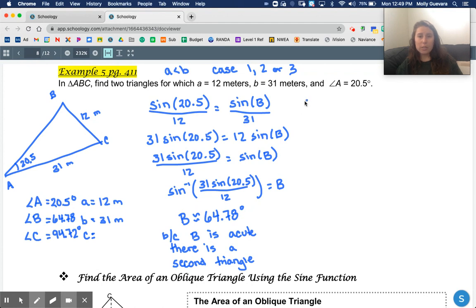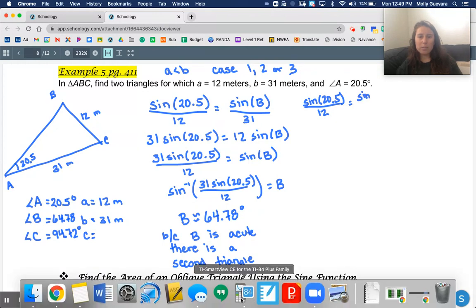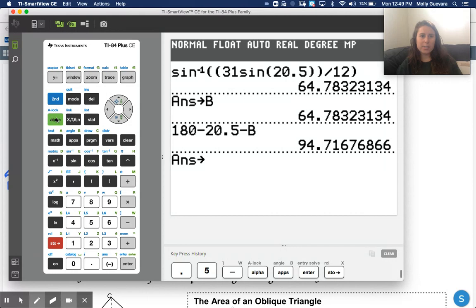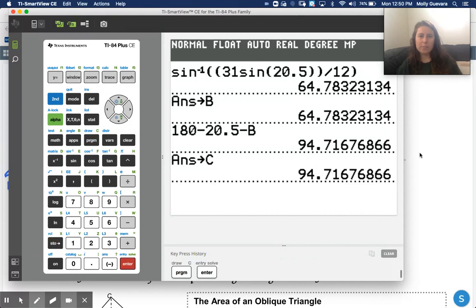So you can do sine of 20.5 over 12 equals sine, and I'm going to store this under C, just so I don't lose it.